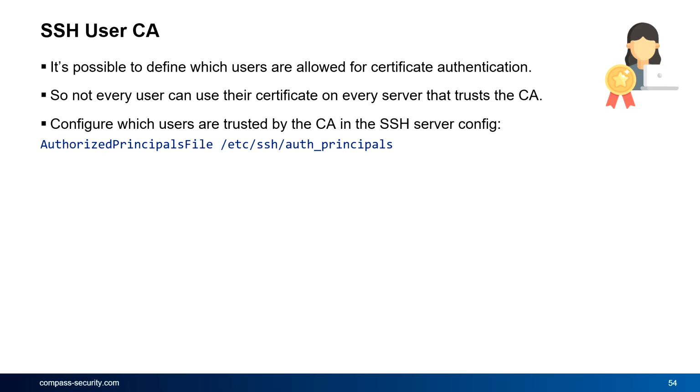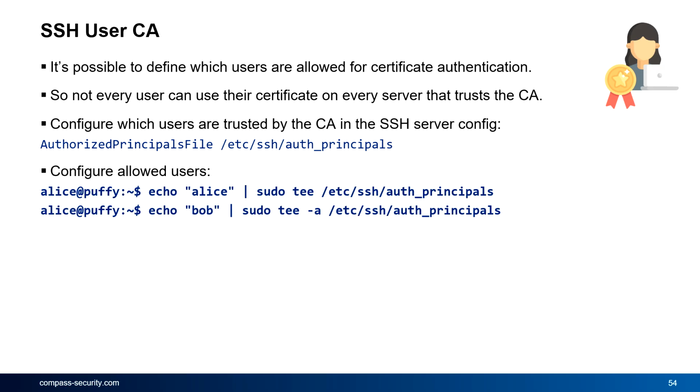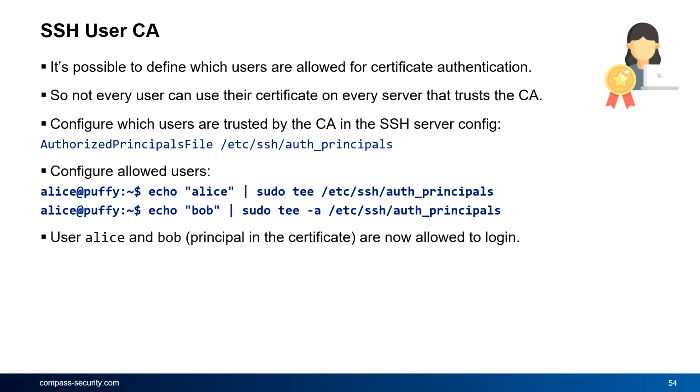You define this file there, and then you can write the usernames that are allowed to authenticate using certificates in this file. And if you do this for Alice and Bob, only these two users are then allowed to perform a login using a certificate, and all the other users are not allowed. They can still log in using the normal public key authentication, but not using certificates.